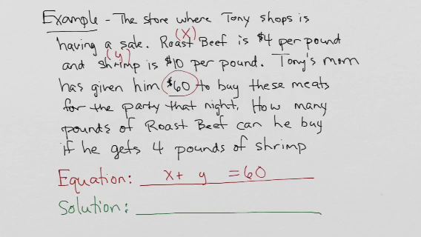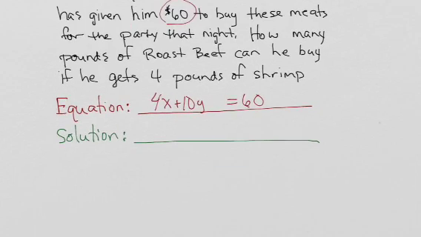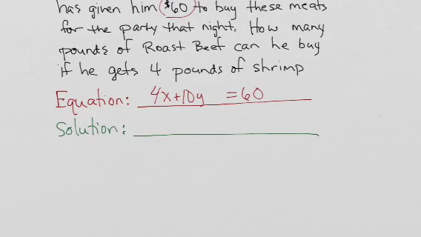Now you could have used R for roast beef and S for shrimp, things like that, but you can just use x and y if you want. The roast beef, we have its value, $4 a pound. And then the shrimp, there's its value, $10 per pound. So now we've got an equation: $4 for roast beef plus $10 for shrimp, and it has to equal $60. That's how much money he's got.